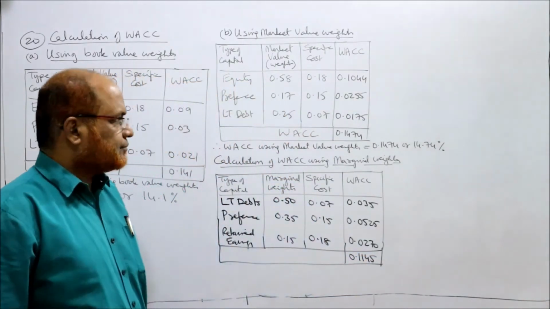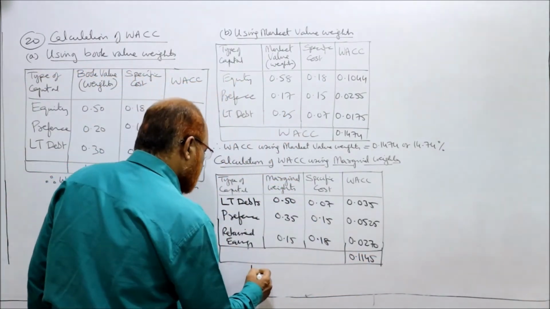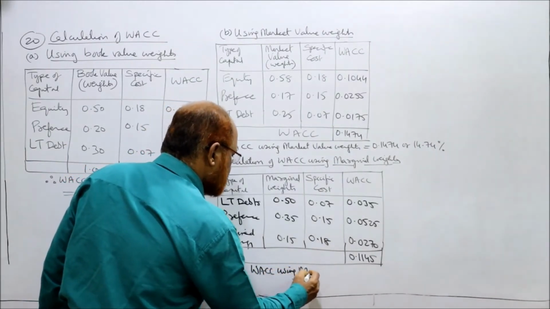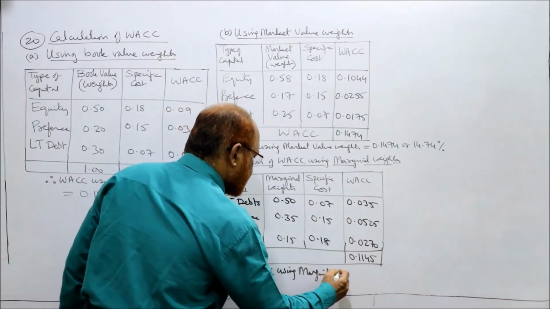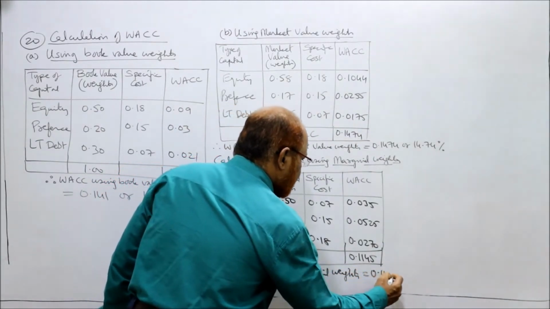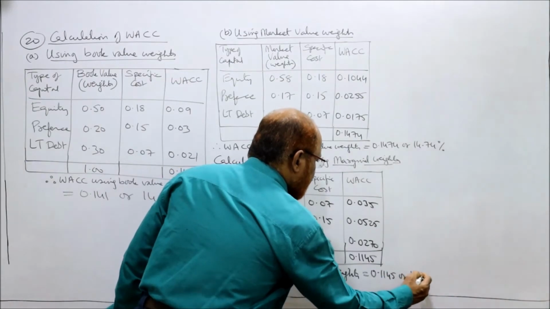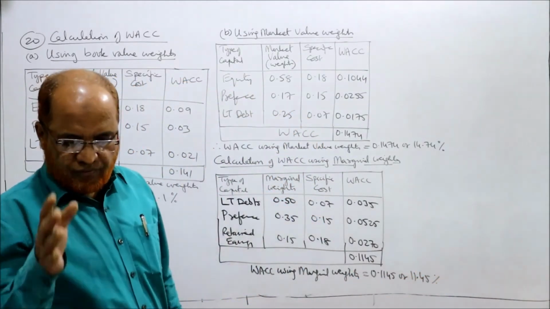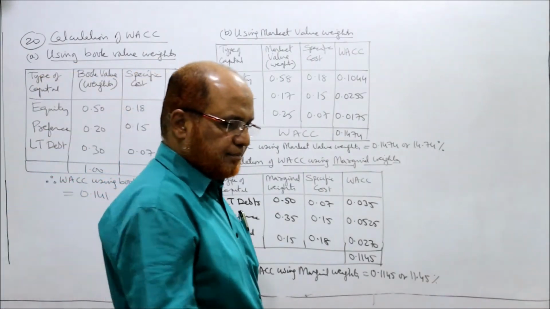That's it. Now we can write WACC using marginal weights is equal to 0.1145 or 11.45%. That's it.